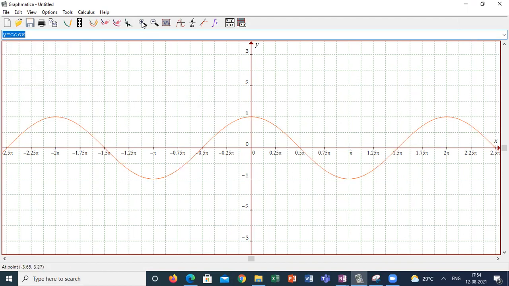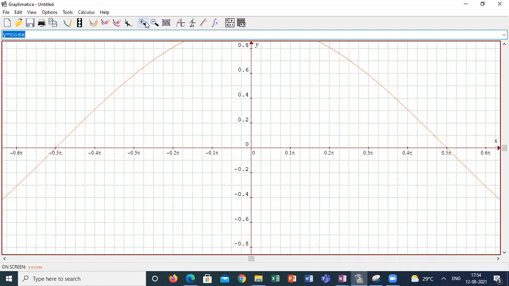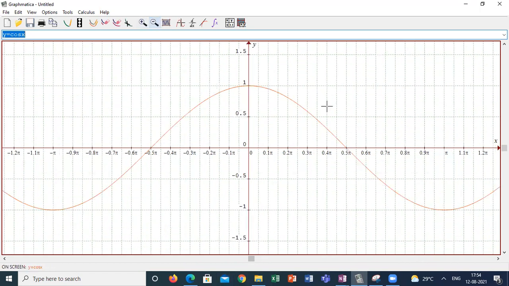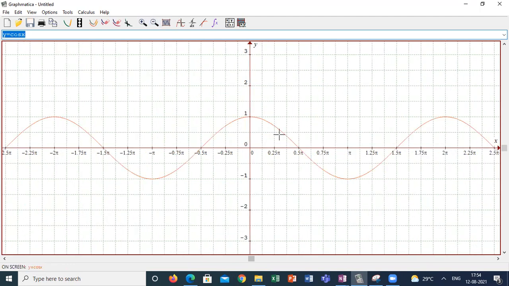If I zoom in, I might get pi by 3. What is the meaning of pi by 3 in and around? See, this is cos. How is it repeating here? Suppose I take this value, it is repeating again here. It is repeating in the first quadrant and the fourth quadrant.